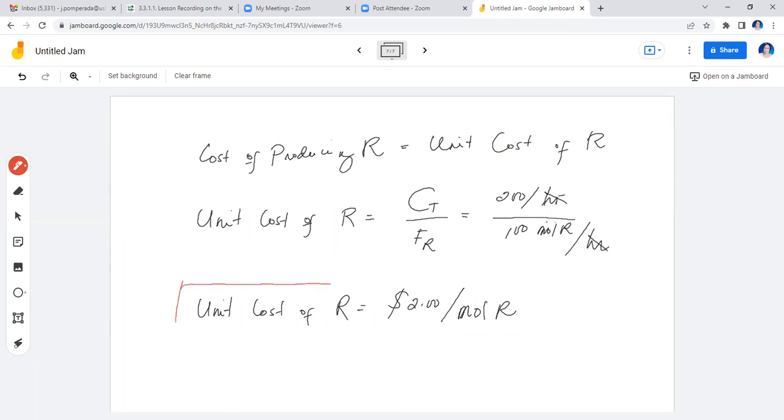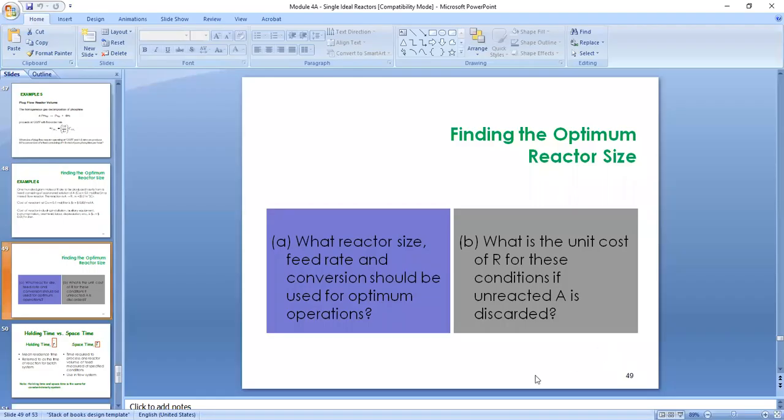If you're wondering why we need to solve for this, we go back to the problem itself. I'll share the problem again. What is the unit cost of R for these conditions if unreacted A is discarded?